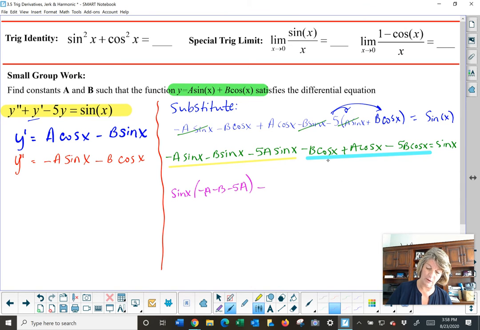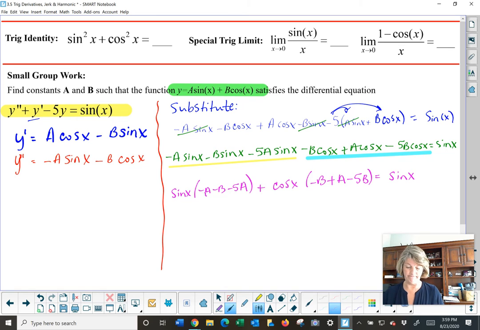Then let's factor out a cosine. Do we want to take a negative with it? It doesn't matter. I'm going to leave it positive. So I'm going to factor out a positive cosine x. That'll leave me negative b plus a minus 5b, equals sine of x.